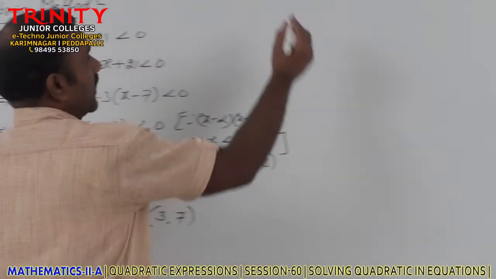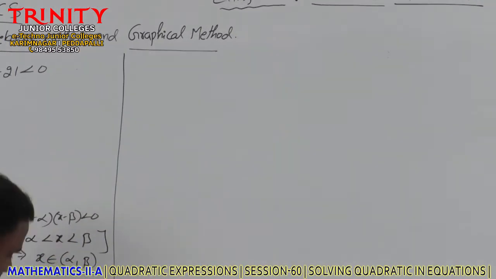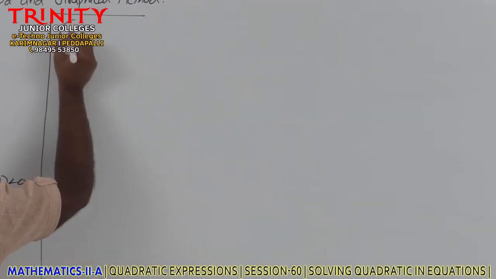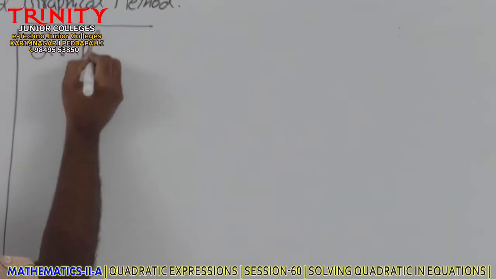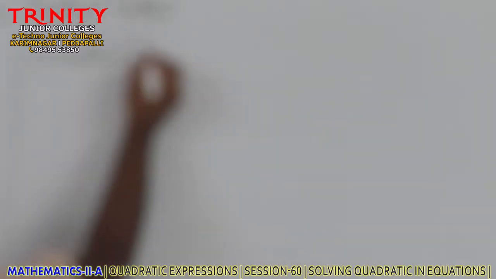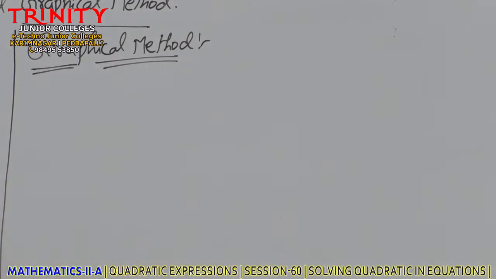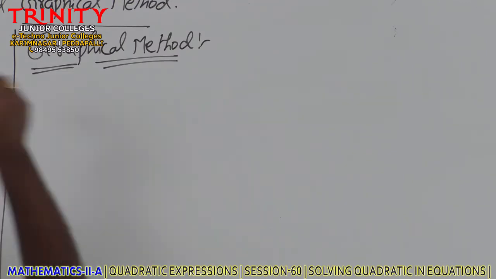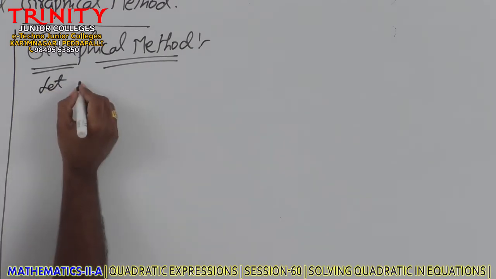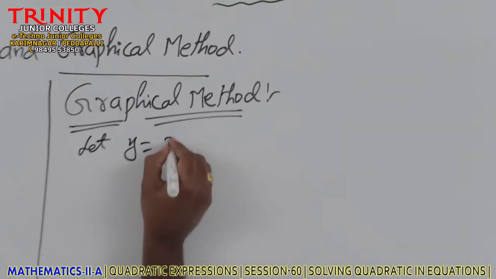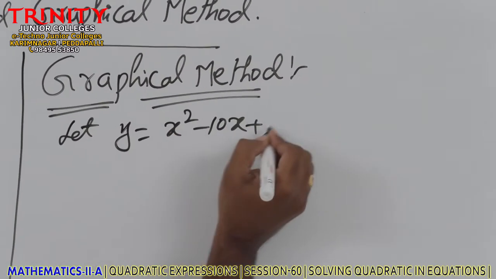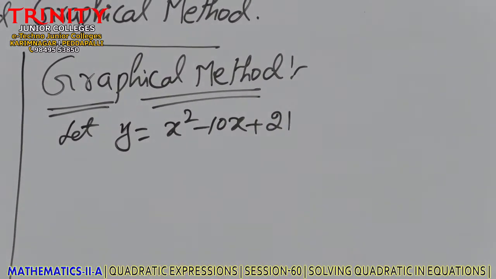Now we'll go for the graphical method to solve the quadratic inequation. In the graphical method, we have to assume some values of x. For those values of x, we should find the values of y. Let's take y is equal to x square minus 10x plus 21.